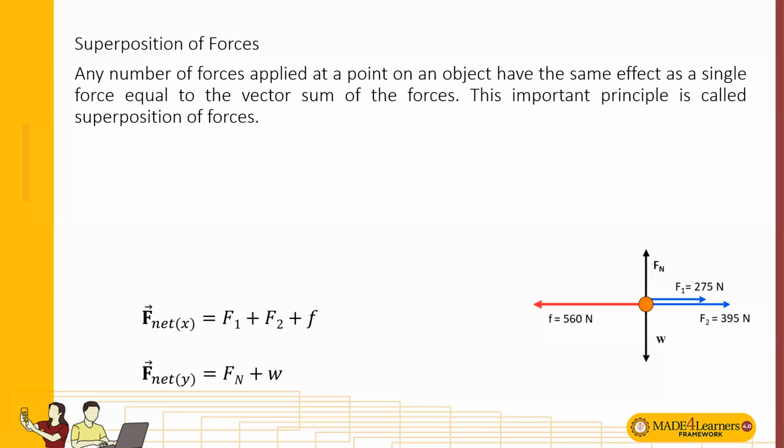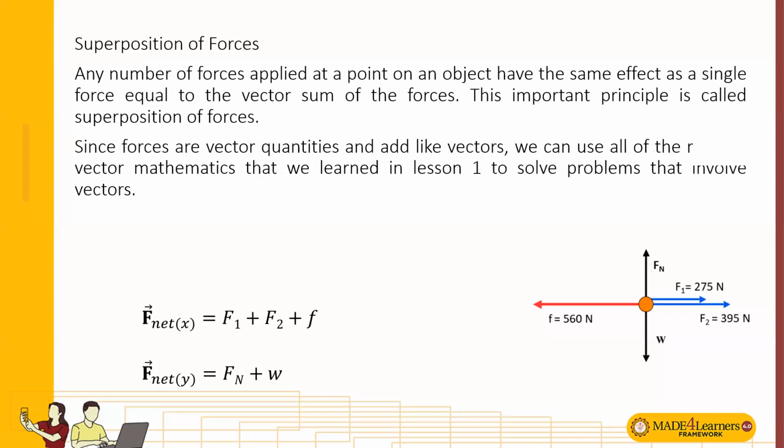Even along the y-axis, the object is not moving, but there are at least two forces acting on the object. So we add up all the components along the x and along the y-axis.